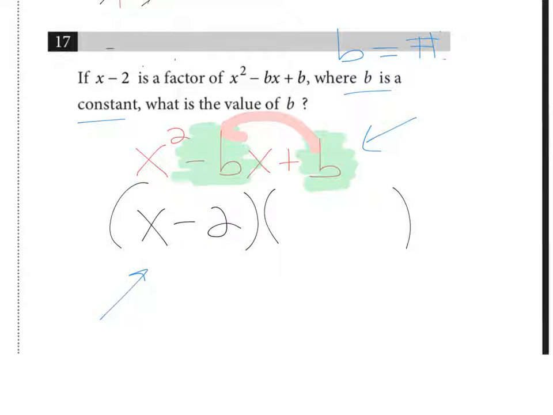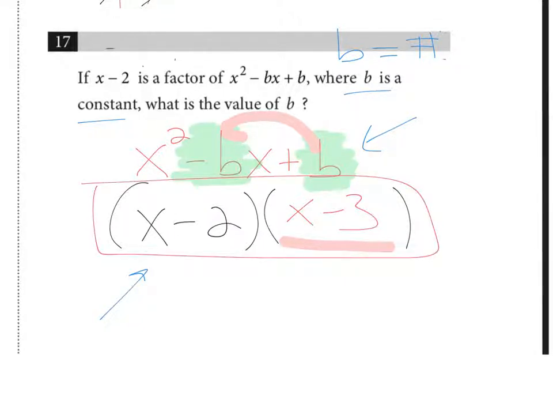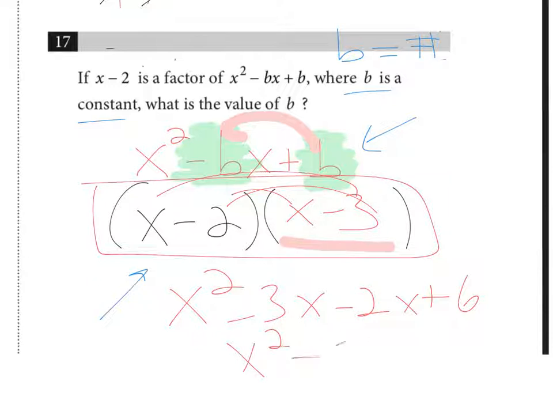So if I, for example, think the other factor is like x minus 3, let's say, if I would FOIL out these two factors, x squared minus 3x minus 2x plus 6, or x squared minus 5x plus 6, x minus 3 can't be the other factor because notice what happened.